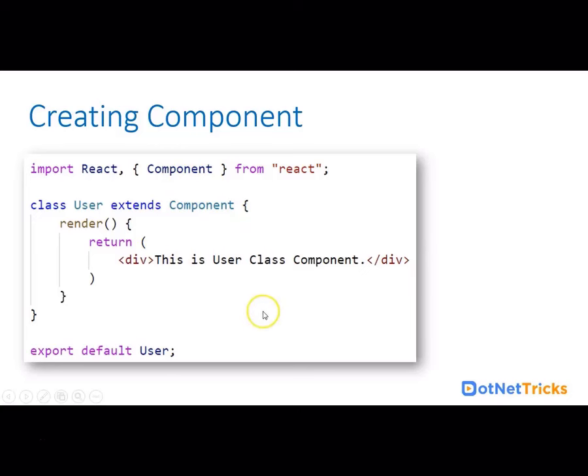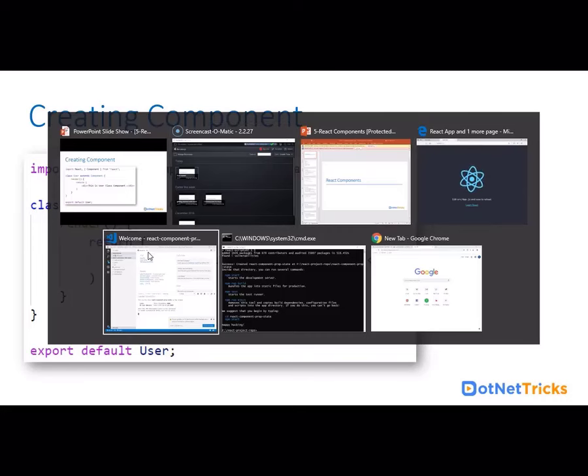Out of that particular hook list, we have a very important hook method, which is the render method, that returns the entire JSX that has to be rendered when this component is executed or rendered as a default component or a parent or a child component as well. Let's switch to Visual Studio.